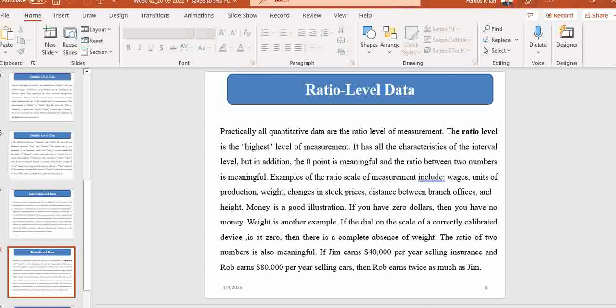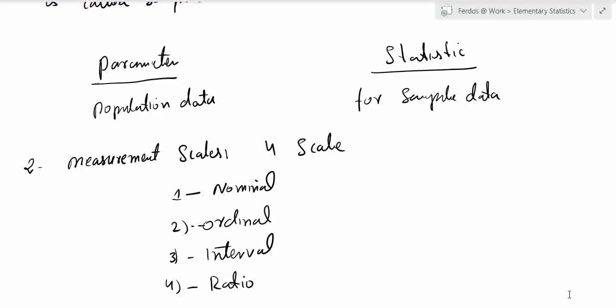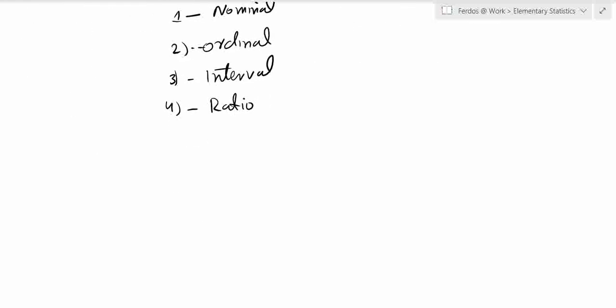These satisfy all the properties of the previous scales, but these also include a value of 0, a minimum value of 0. So this is the highest level scale. Okay, so this is about the scales. Now you can read the slide for detail.